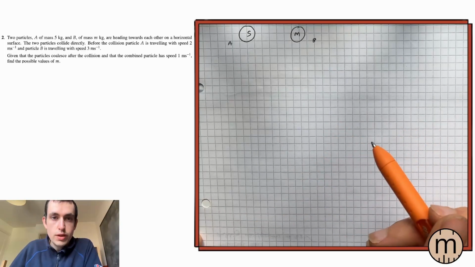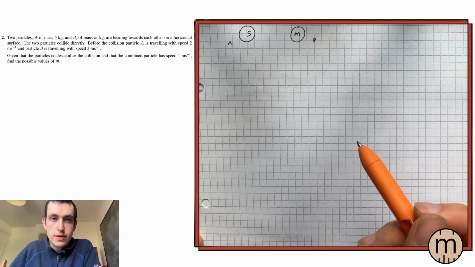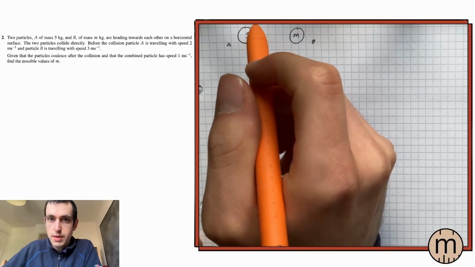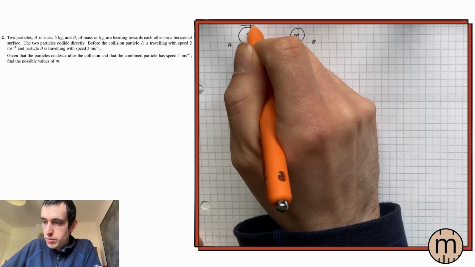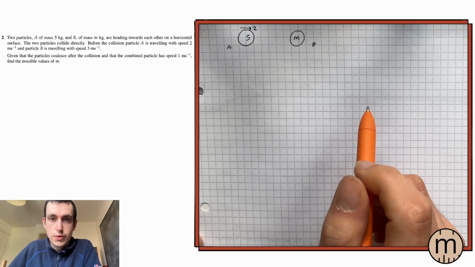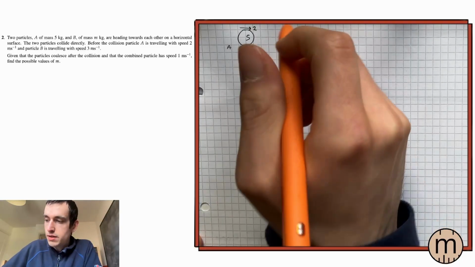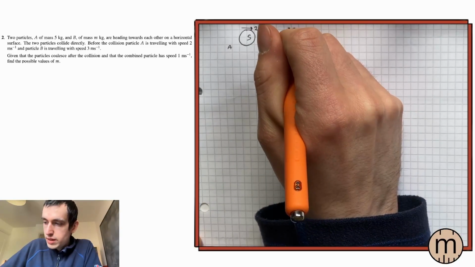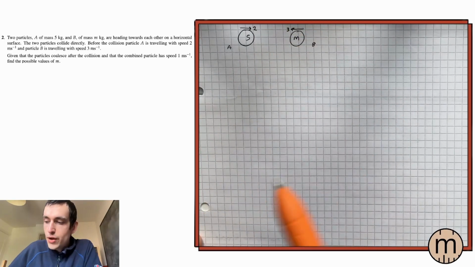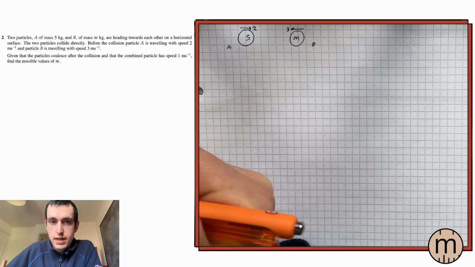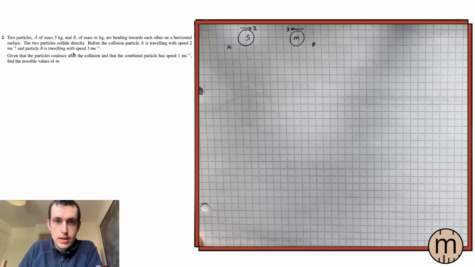We're told that before the collision, particle A is traveling with speed 2. So I'm going to draw a little arrow up at the top here with speed 2. Particle B is travelling with speed 3. I'm going to draw it like this. I know that B has to be travelling towards A because it says so in the question. They're heading towards each other over here.